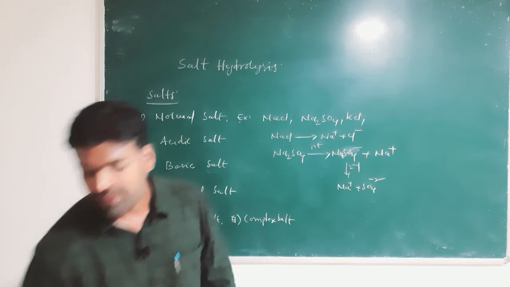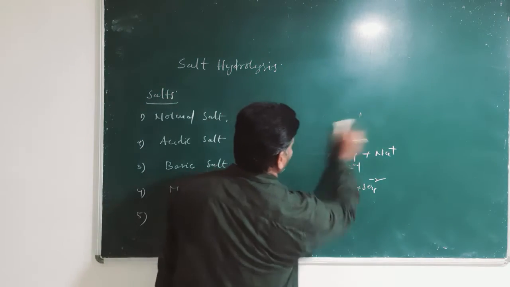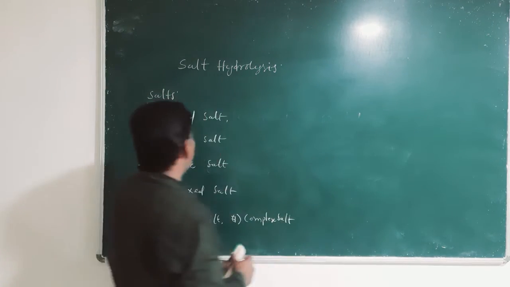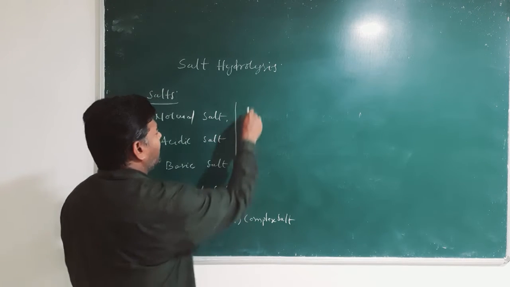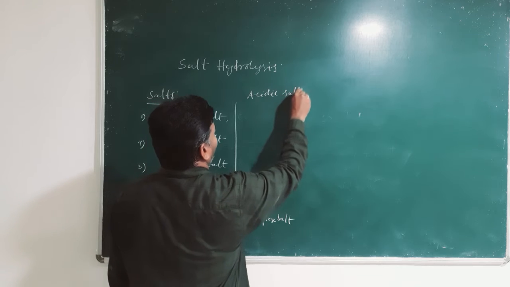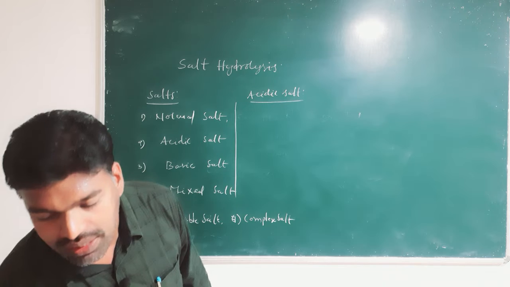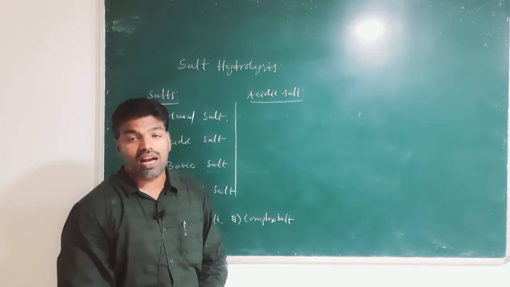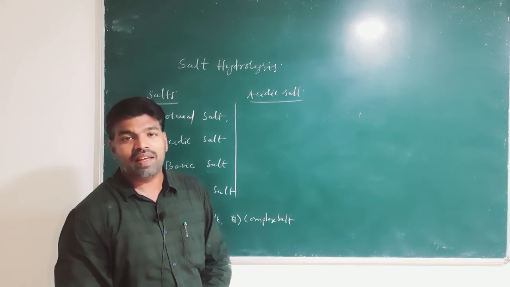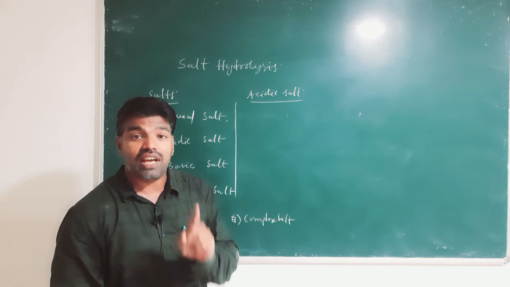Okay, so next, the second one is acidic salt. Acidic salts are the salts which release H plus ions in other than the first ionization.